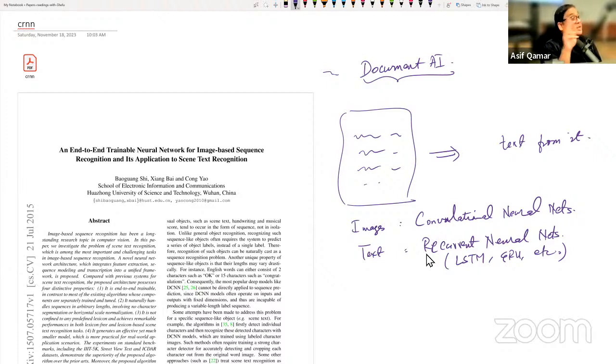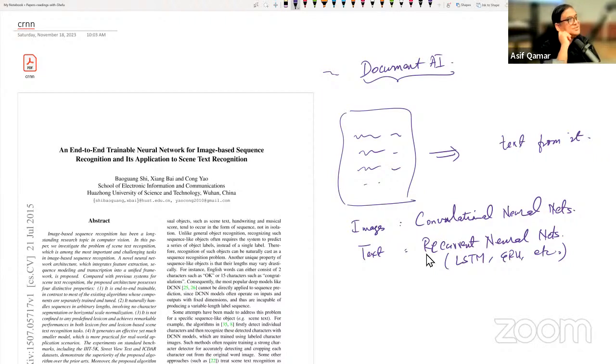One is the bounding box problem, the segmentation problem: where is the text? You need a bounding box on the text. And once you have a bounding box on the text, then you ask the problem of recognition. So one is detection, one is recognition, and then you get what you want. That's how people used to look at it.